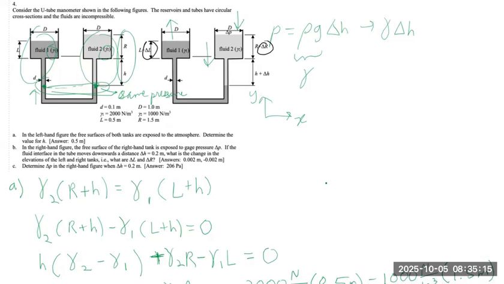We know that because of volume conservation, when this fluid moves down, as you push this fluid down, the fluid here is going to increase in volume. However, fluid 1 is going to move upwards a certain volume.